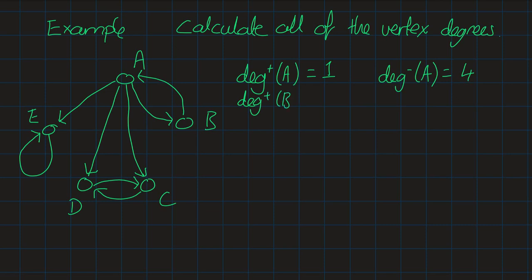Let's move on to B. So the in degree of B and the out degree of B. Again, I'll draw a circle. So the in degree is the number of arrows going in. I just see 1. The out degree is the number of arrows going out. And I also see 1. So that's 1, 1.